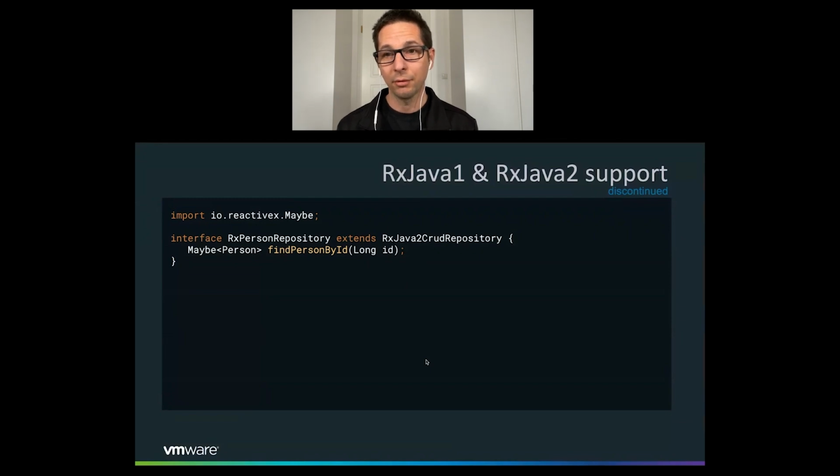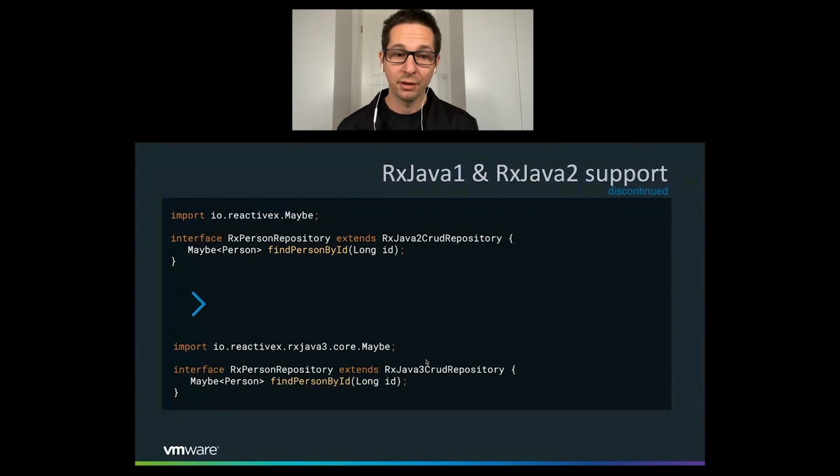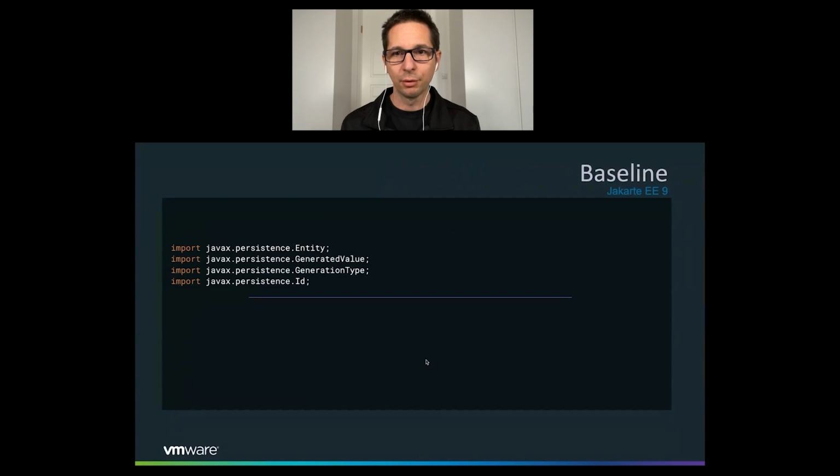Going forward, 3.x removed the support for RxJava 1 as well as RxJava 2 entirely, and the options there are either to switch to RxJava 3, which can be done very easily because all the types are there, just in another package, or to go for Project Reactor and switch to another reactive library, more or less.